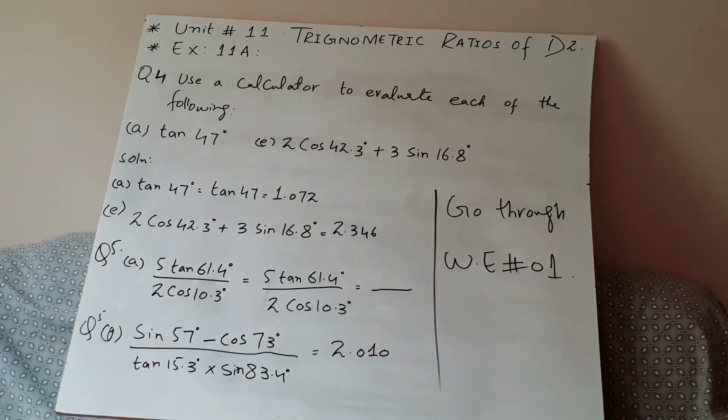How can we evaluate this using a calculator? First press 2, and there is no operation between 2 and cos, so press the cos key, and then 42.3, then close the round bracket which is appearing on your calculator screen, and then plus, then press 3, then press sine, then 16.8, then close the round bracket, and then press the equals key, which gives 2.346.